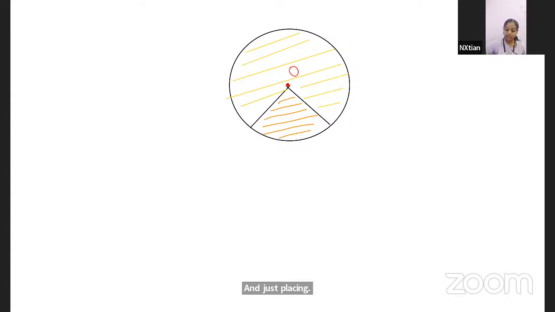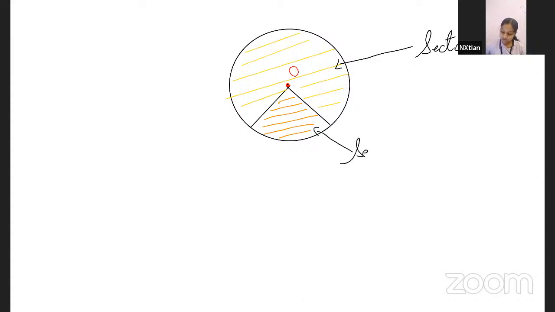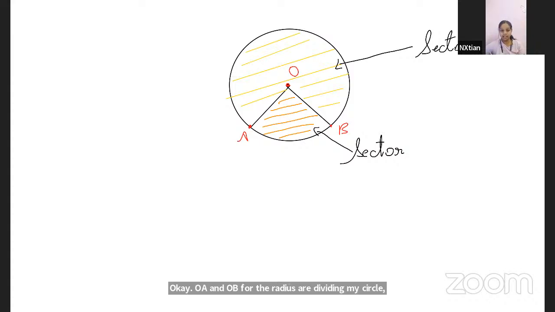Okay, let's name the radii also, A and B. OA and OB, both the radii are dividing the circular region into two sectors.